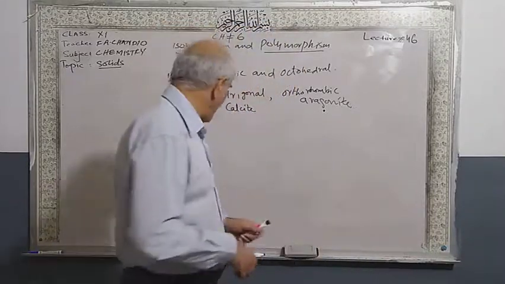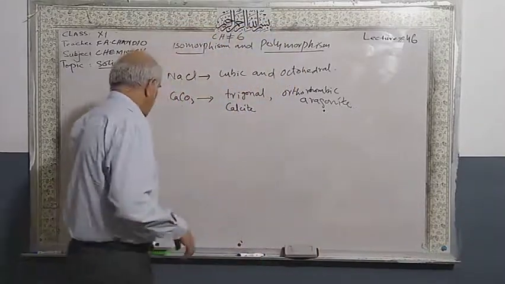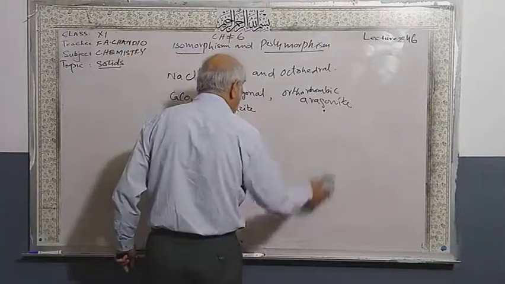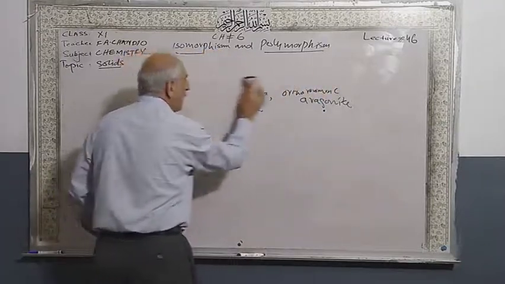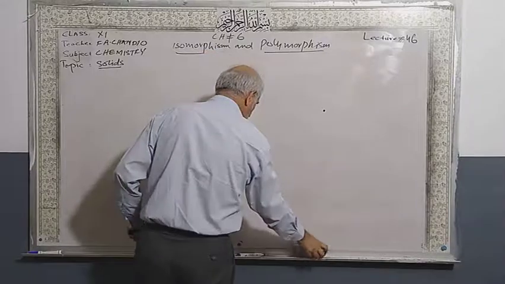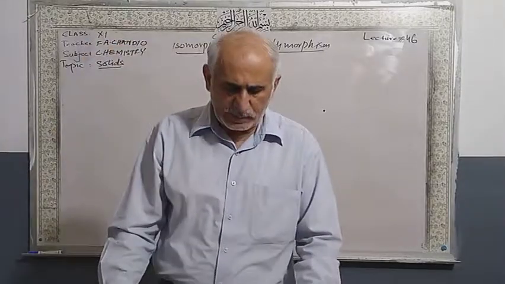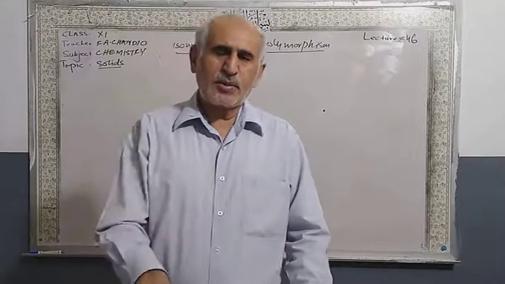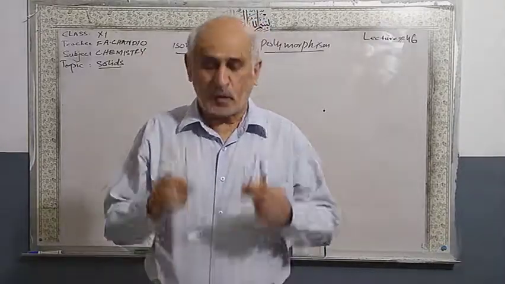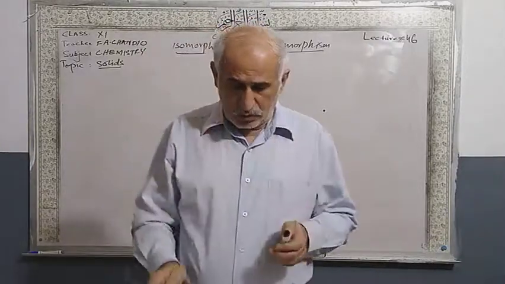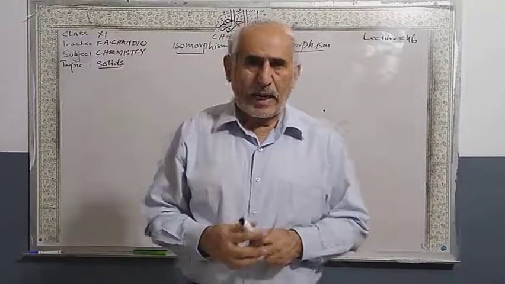So there is a difference between polymorphism and allotropy. In allotropy, the substance is in the elemental form.